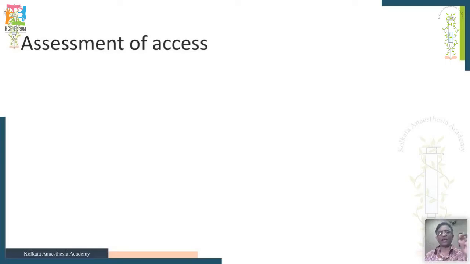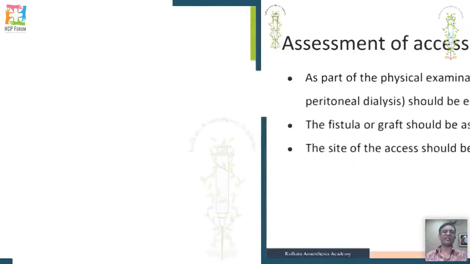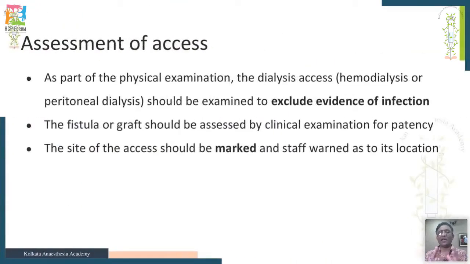This, I think, is unique for this group of patients who come in for a surgery: the assessment of the access. Figure out, especially if it is hemodialysis, where is it happening? Does the person have a permcath in the neck, or does it have something into the subclavian? Does he or she have a fistula? Where is the fistula?